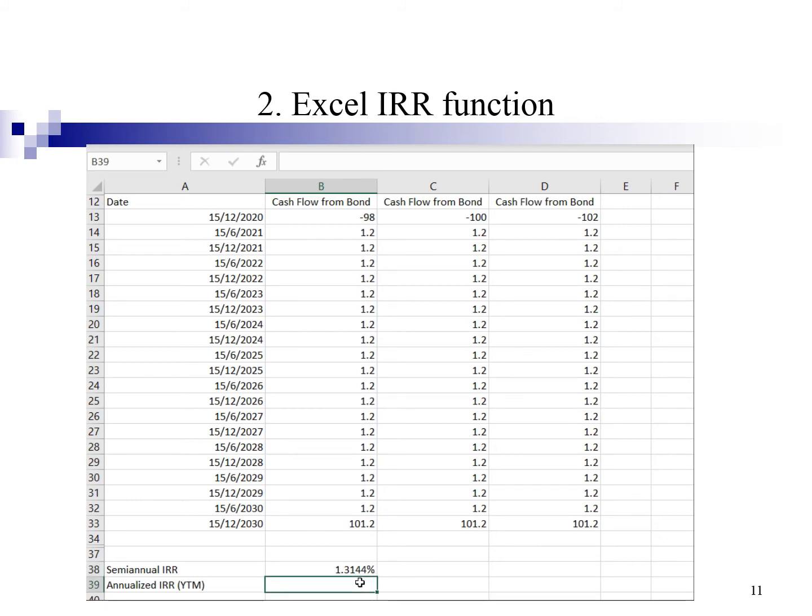To obtain the annual IRR, I should type equal, open bracket, 1 plus the semi-annual rate, close bracket, power of 2 minus 1. And this is the annualized internal rate of return. This answer refers to the yield to maturity. I can also drag the answer across.